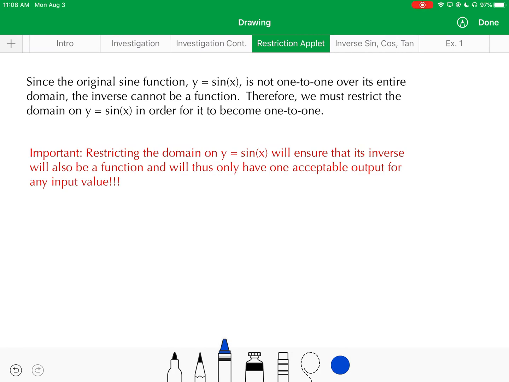Now, if it's not one-to-one, that means its inverse cannot be a function, okay? So what we're going to have to do is restrict the domain of the original sine function in order for it to become one-to-one, so that the inverse will also be a function, okay? And doing this, restricting that domain on the original sine function, will allow us to only have one acceptable output for any input value in the inverse function, okay?